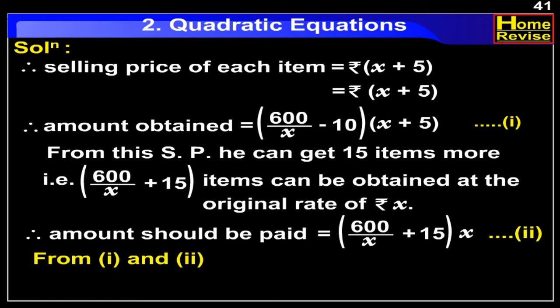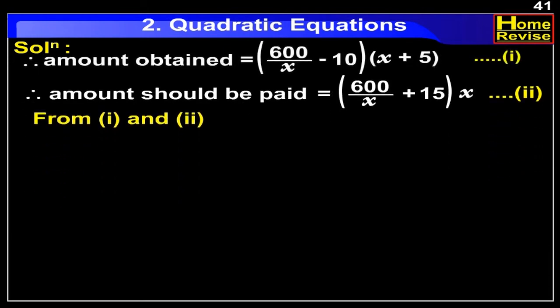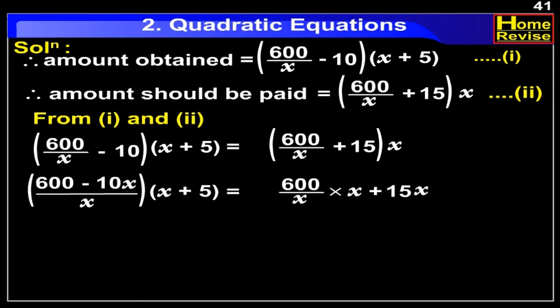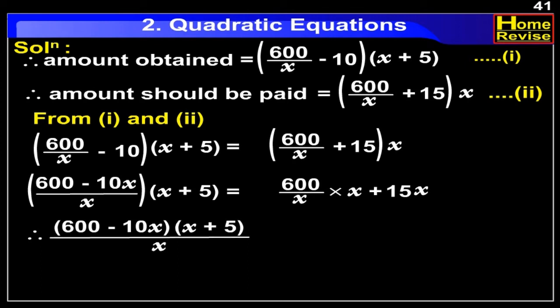Now, from equation 1 and 2, we get (600 upon x minus 10) into (x plus 5) is equal to (600 upon x plus 15) into x. Therefore, (600 minus 10x) into (x plus 5) upon x is equal to 600 plus 15x.